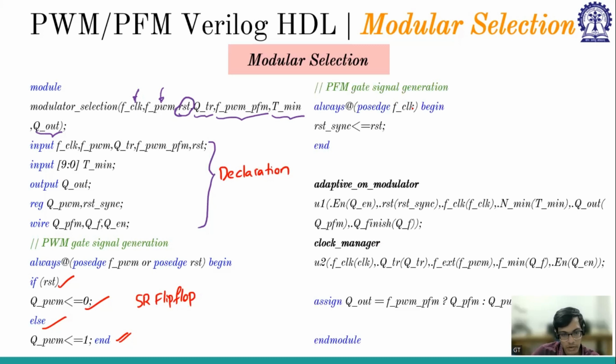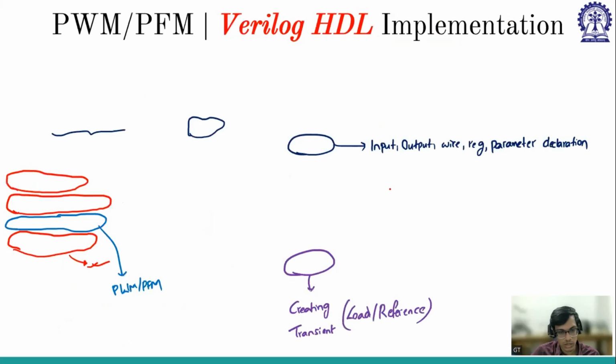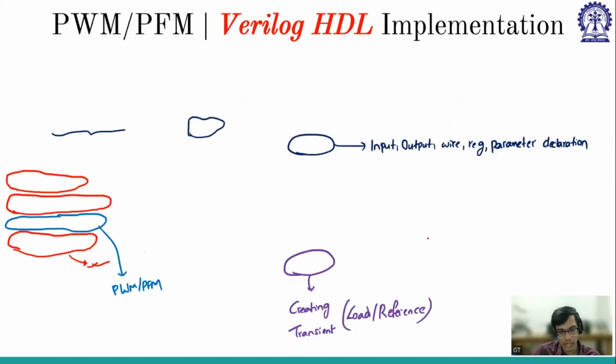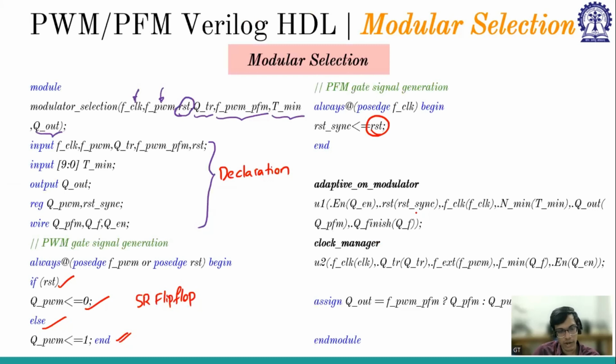Now for PFM, what is this reset? If you go back to the previous thing, for this adaptive on-time we need this QTR, right? That is coming. We have discussed the adaptive on-time in the previous week, I think week 10.